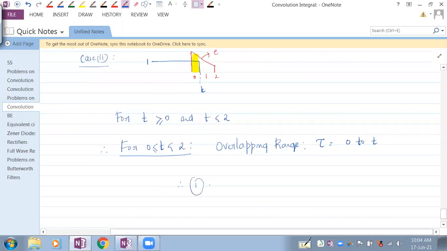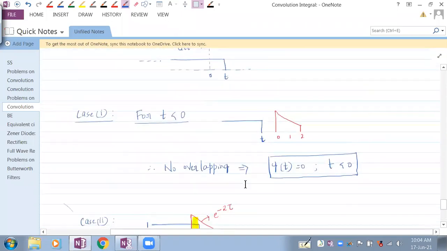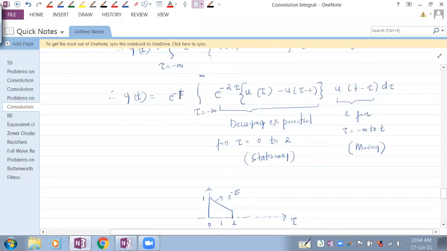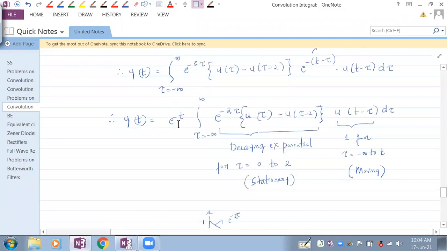equation number 1 implies y of t equals, we have to see equation number 1 and write, because in equation number 1 there is an exponential outside this integral also. See here? So this should not be forgotten, e power minus t. Without forgetting that, you need to deal with it. Let's call this equation number 1.